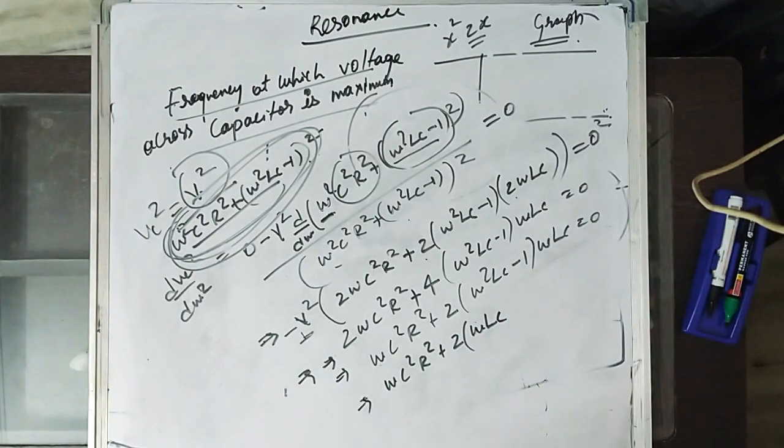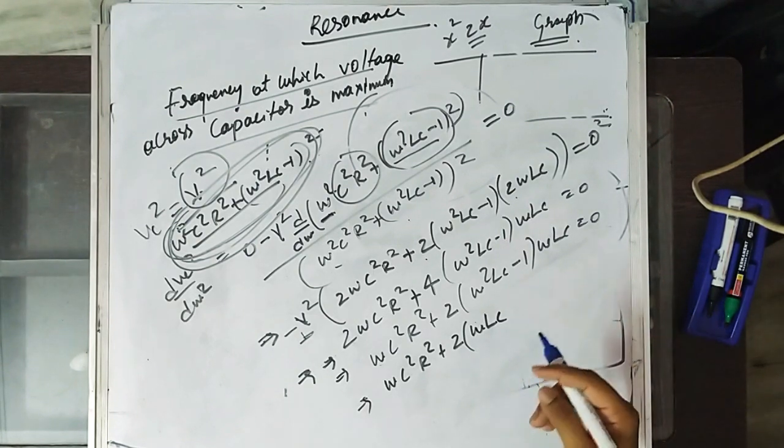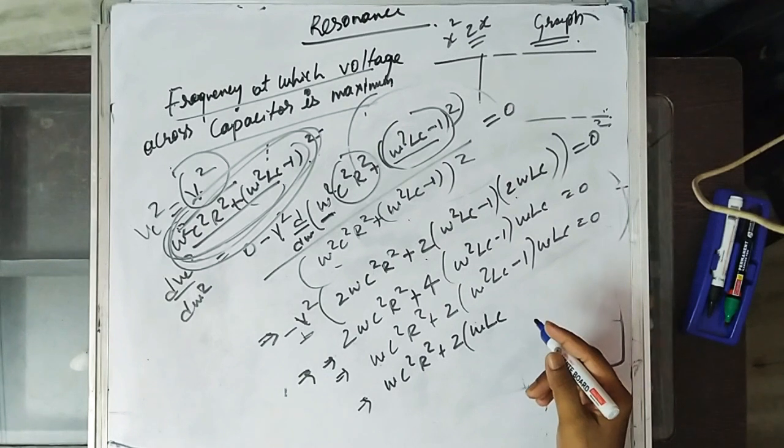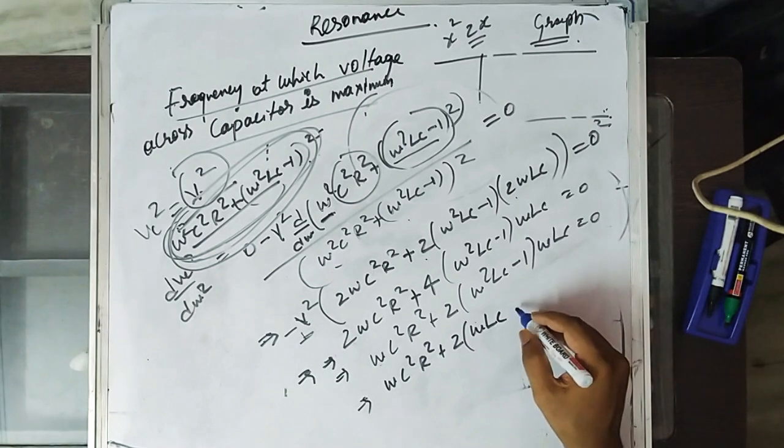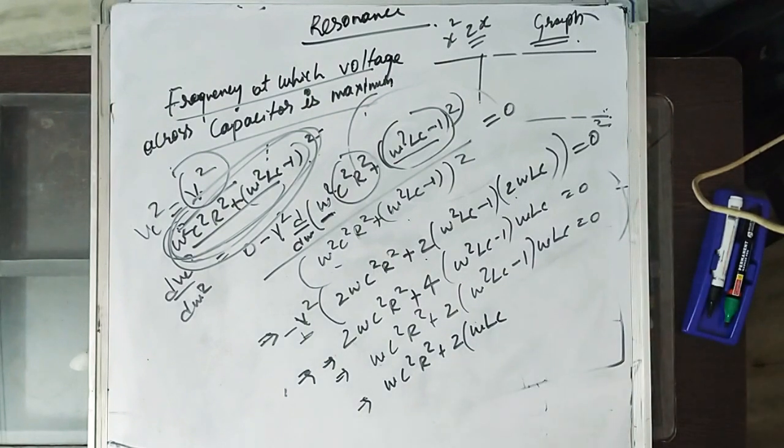Now what will happen is, 2 omega LC into... I want to simplify it in a better way, that's why I'm taking time.